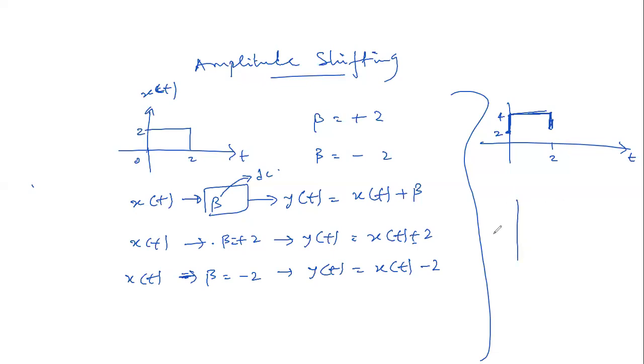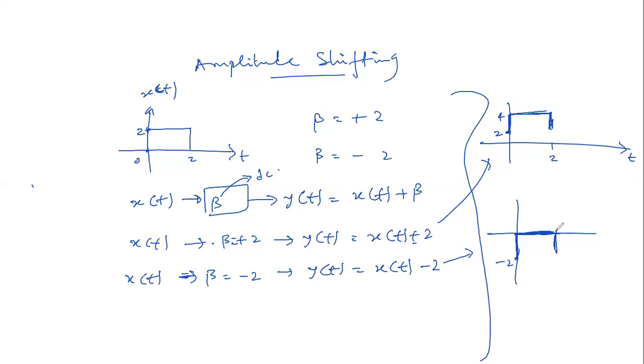Now, for a downward shift, when it is negative, 2 minus 2 is 0. So it means this point is not going to come to 0. Then 0 minus 2 is coming to minus 2.